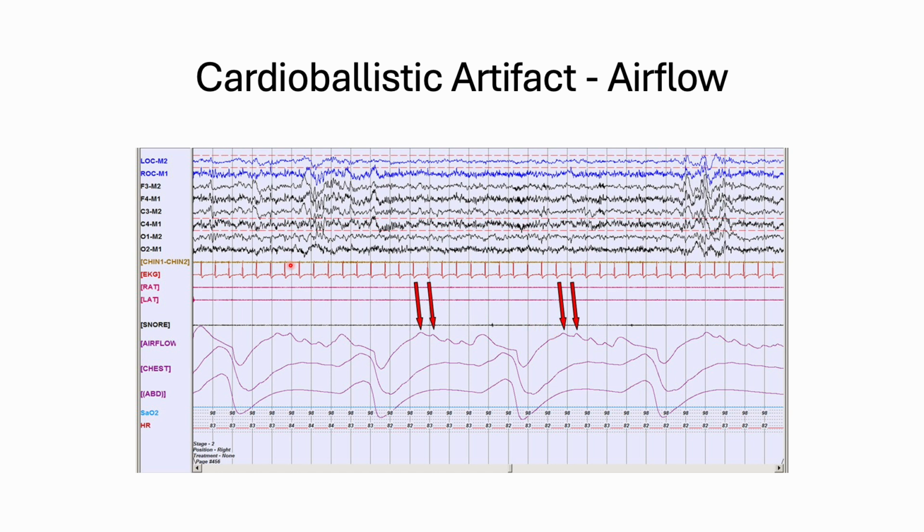It looks also like something interesting. Check this out. O2 is a little dark. O1's okay. C4 is a little dark. C3's pretty clean. F4 is dark. F3 is clean. Right eye is dark. Left eye is clean.